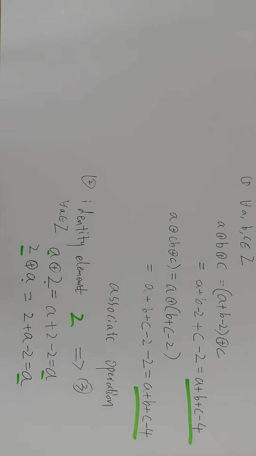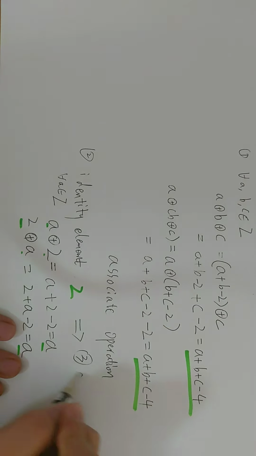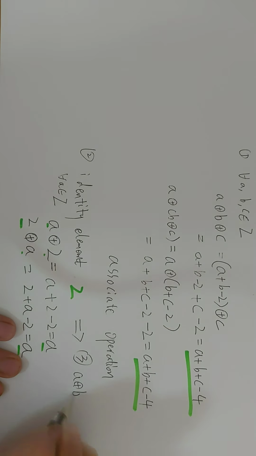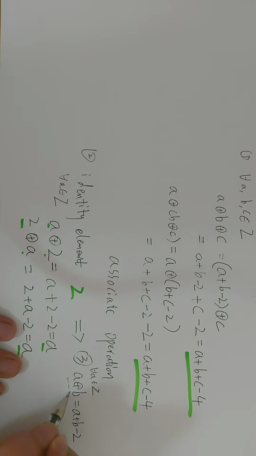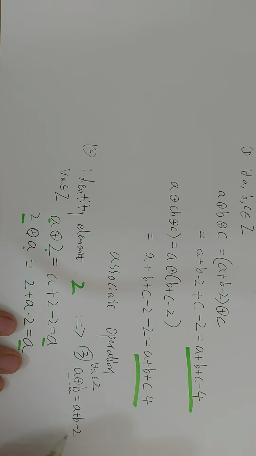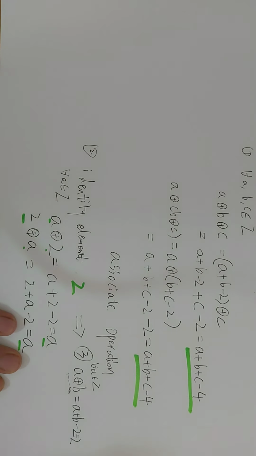Let it be B. A special plus B equals A plus B minus 2, and we make this equal to the identity element 2.